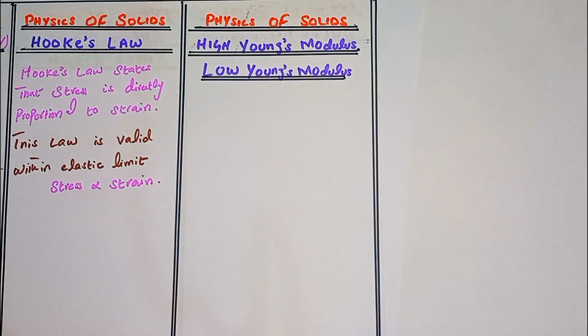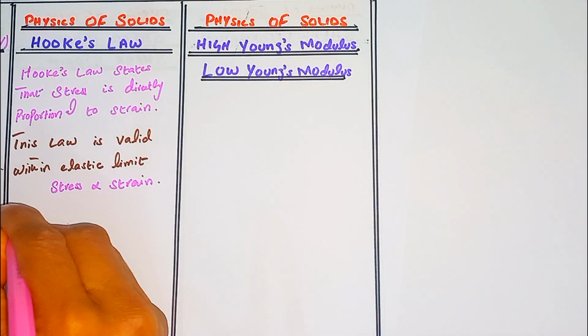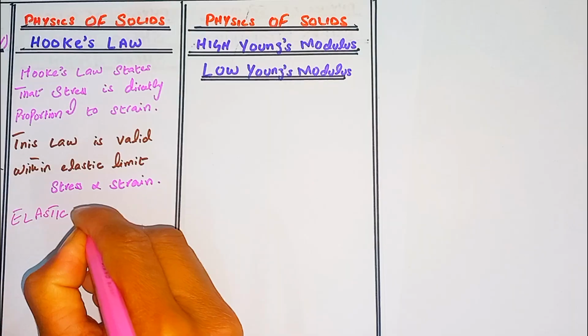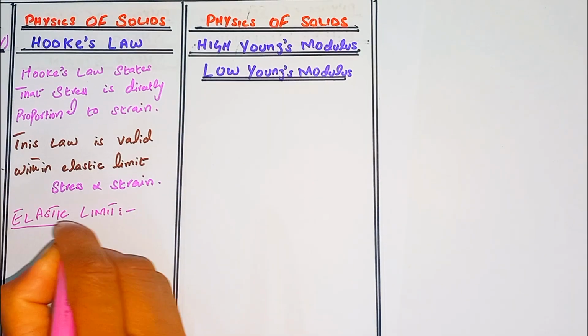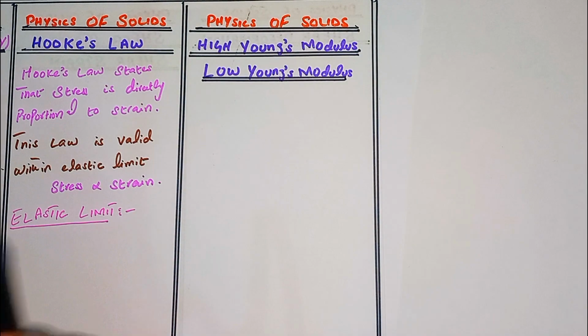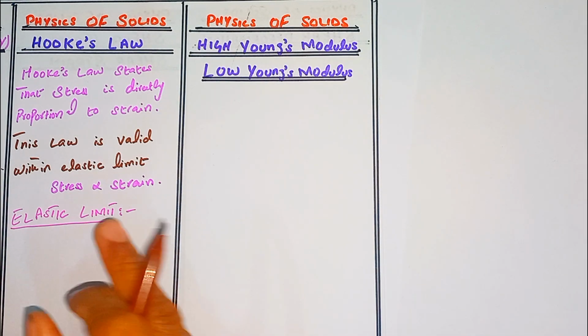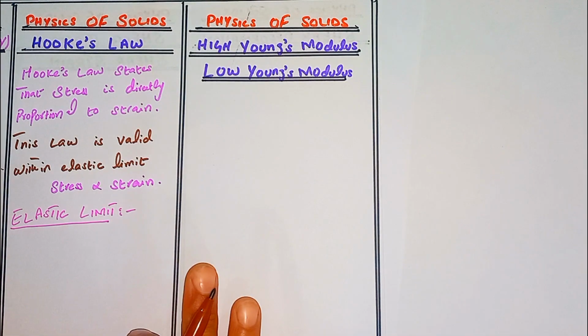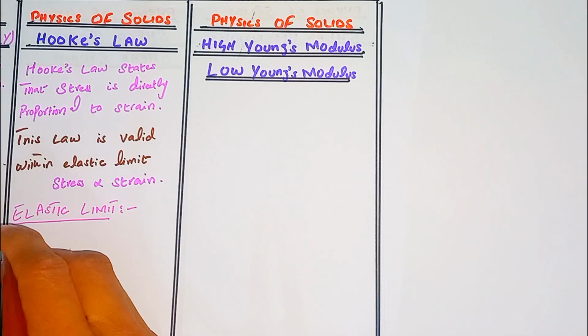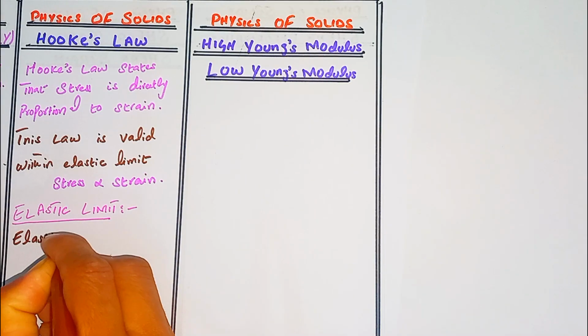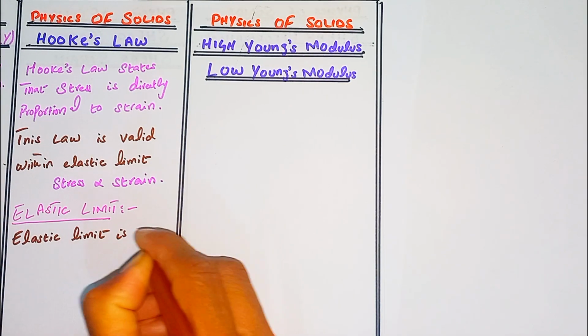Now we discuss what the elastic limit is. Elastic limit is basically the maximum stress a material can bear, so that if we remove that stress, the material comes back to its original state. That is the elastic limit of the material.